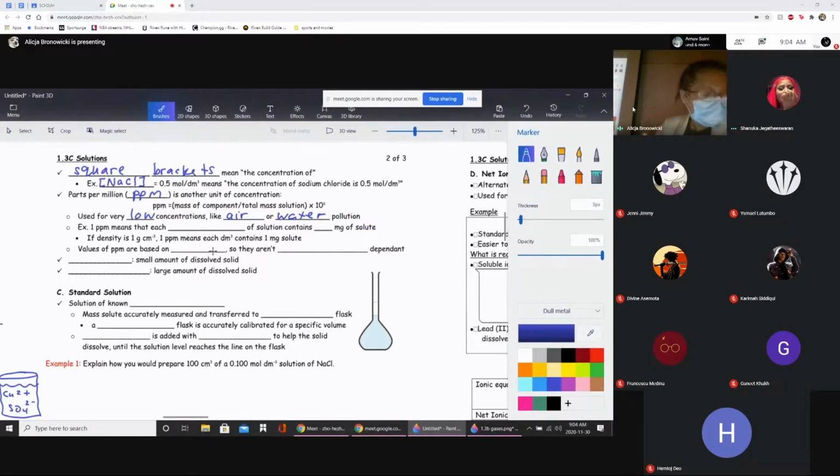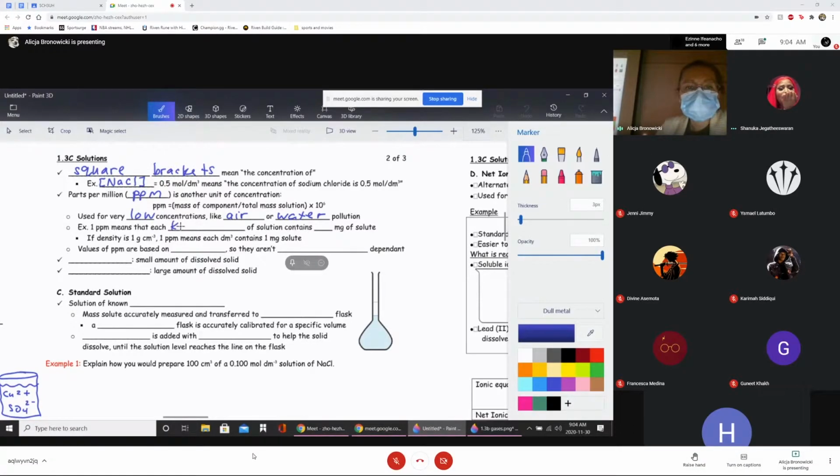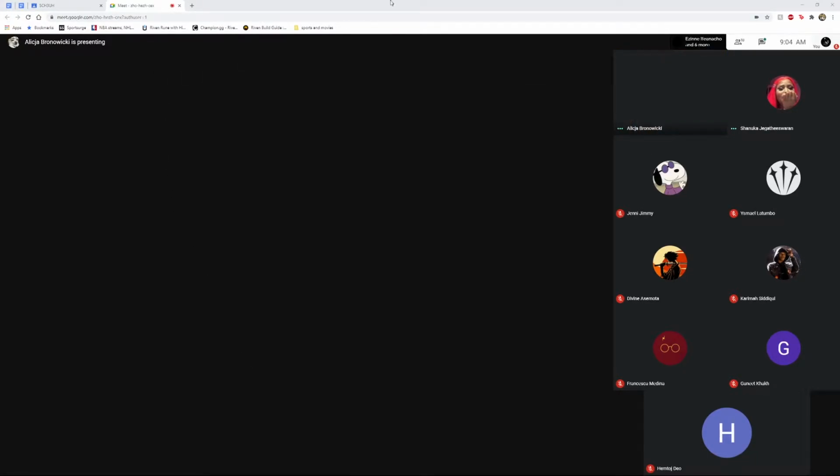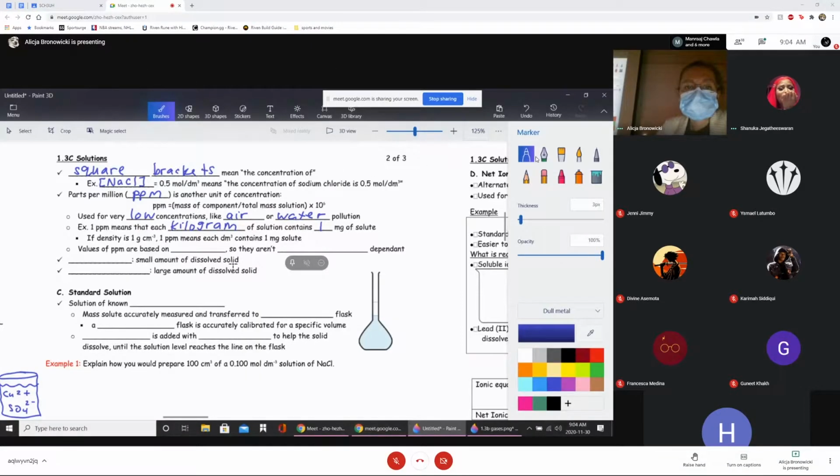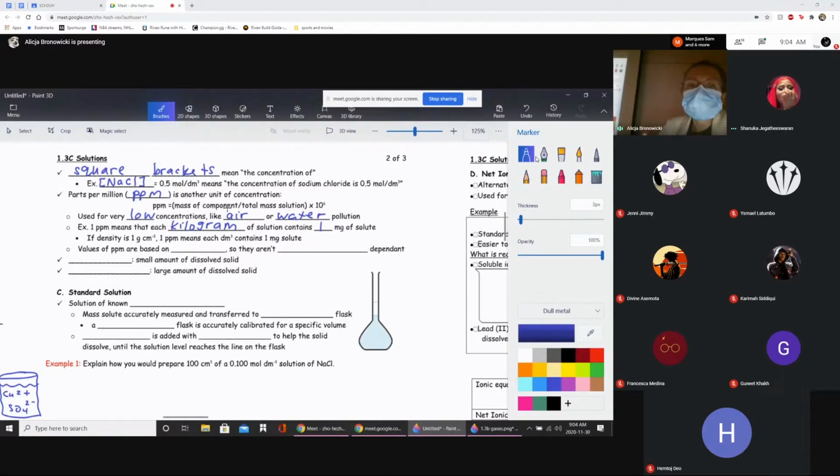Okay, so if you have 1 part per million, it means that each kilogram of solution contains 1 milligram of solute. Okay, so if you're calculating parts per million, you take the mass of your component, divide it by the total mass of solution, and times it by 10 to the 6.